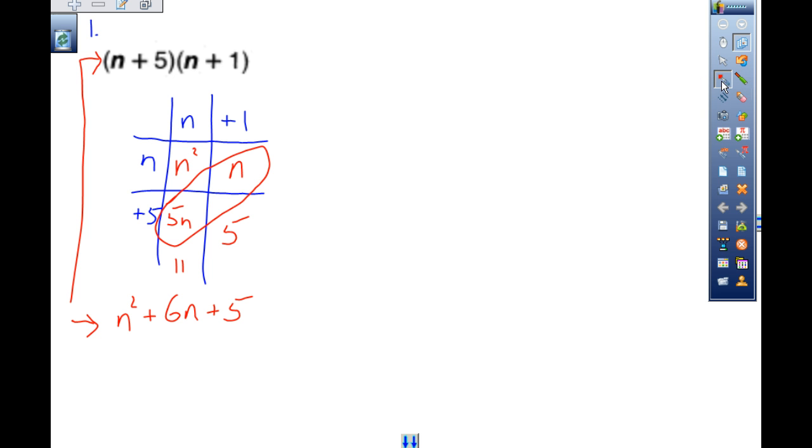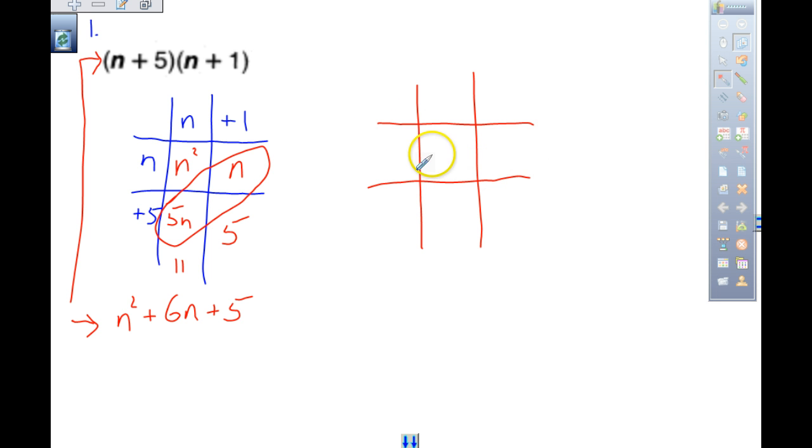So using this method, if I start off with n squared plus 6n plus 5, what you're going to do, you would plug the n squared into here, and the 5 into here, just as they appeared here and here.